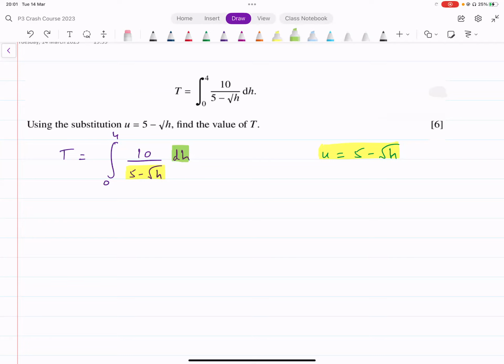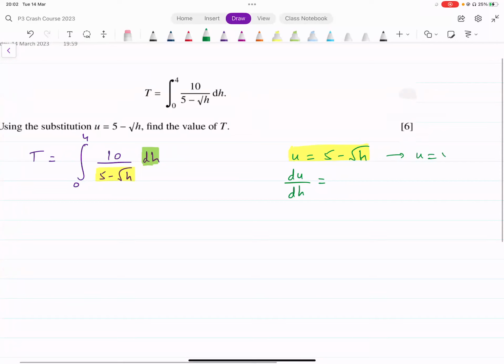u equals 5 minus square root of h. That needs to be differentiated. Let's do that differentiation. du over dh. What does that turn out to be? What's the derivative of 5? It's just 0. Derivative of minus square root of h. Remember, this means u equals 5 minus h raised to power 1 over 2.